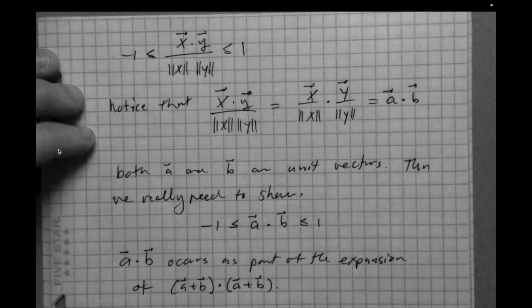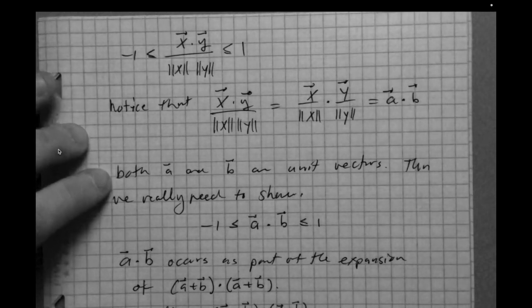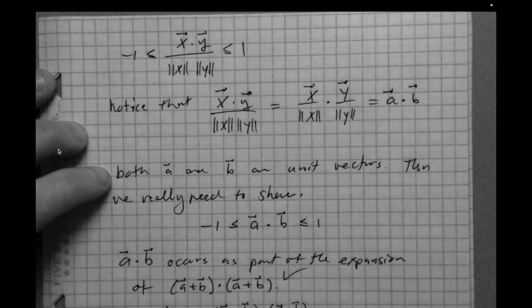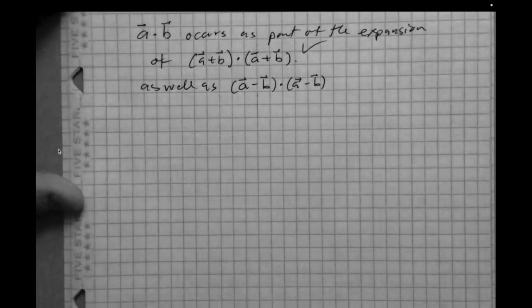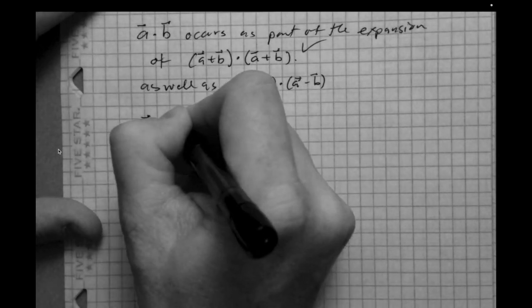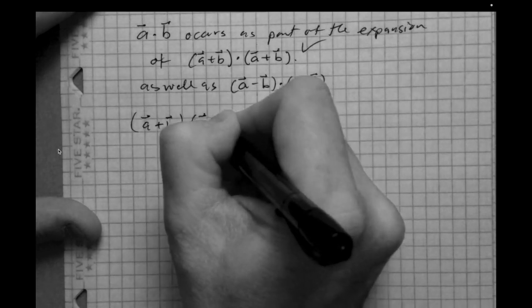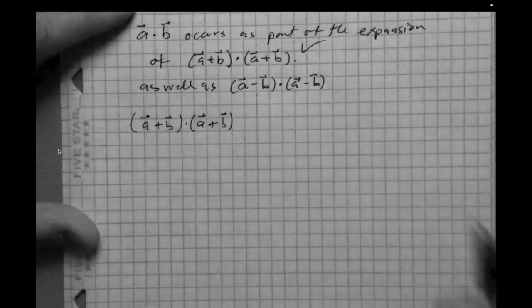Okay, as well as a minus b dot a minus b. Okay, so let's start with this one and see what happens here. If I take a plus b, two vectors added together gets me another vector, dot a plus b, what do I get?